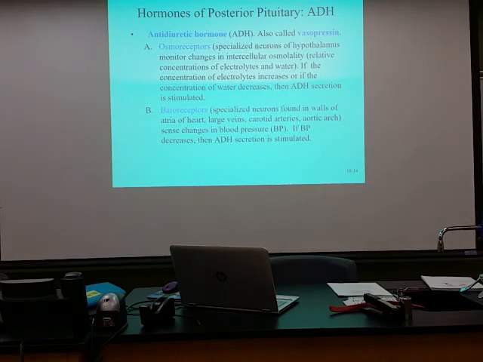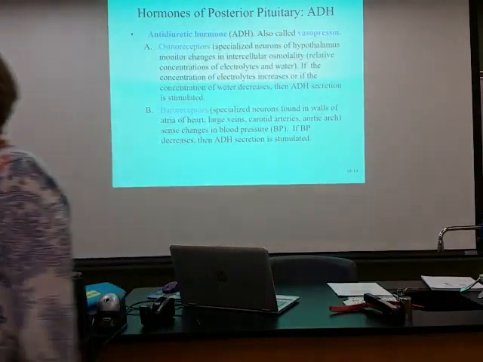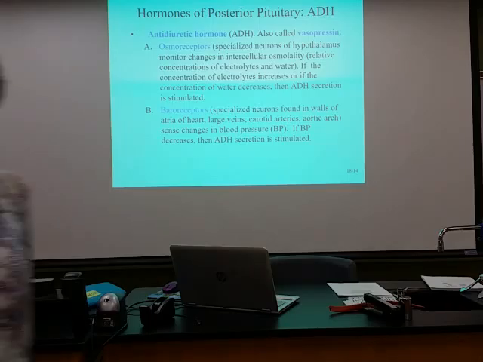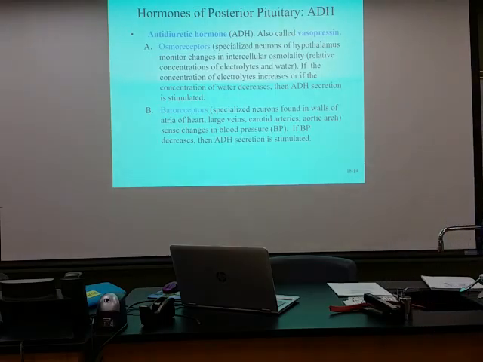If vasopressin, the ADH hormone, is going to work, one of the things that it reacts to is blood pressure. And this is blood pressure that is monitored internally by all of these receptors.